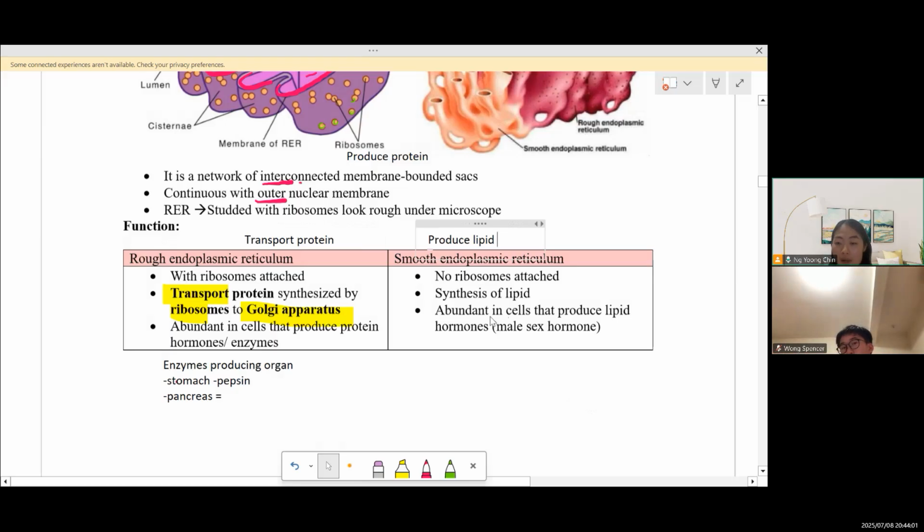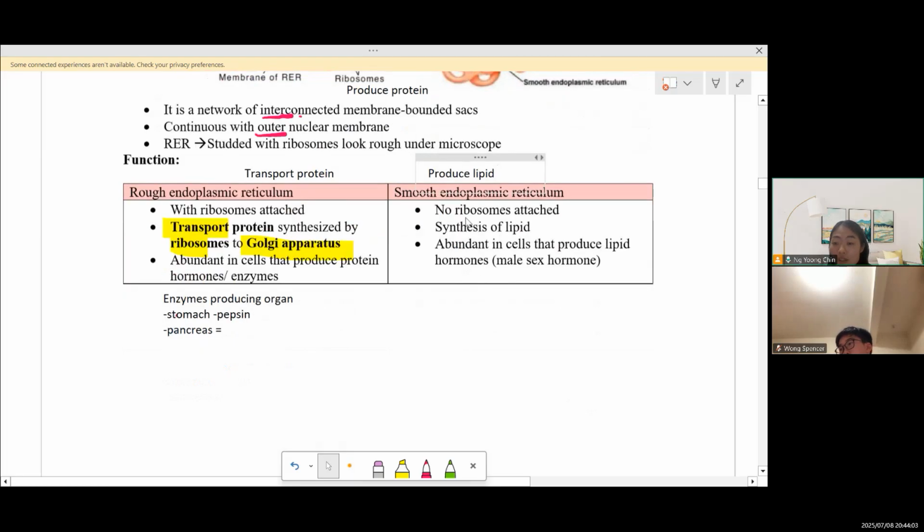A lot of SER, which refers to smooth endoplasmic reticulum, is found in cells that produce a lot of lipid hormones. Many hormones are produced from lipid, especially the sex hormones. I'm not sure whether you have heard about testosterone before. Usually males like this hormone because it makes their body appearance more attractive, more muscular.